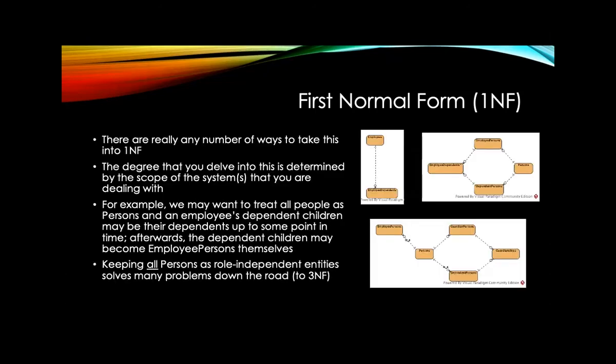So, other ways around this. I started off with just an employees table that had an employee dependence table, but I could also have the concept of everybody is a person, and a person is either an employed person at the company or they're a dependent person, and then an employee has dependents.